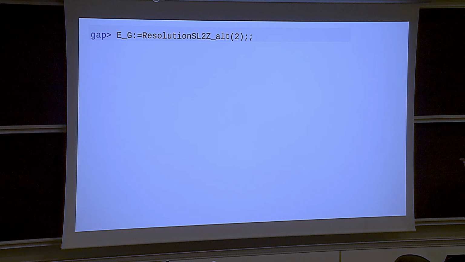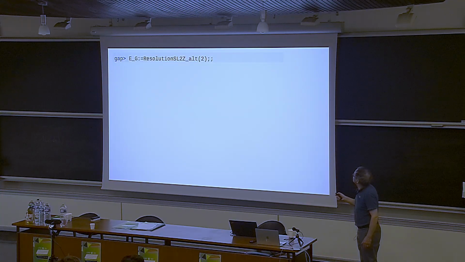So let me cheat now. Let me do this pre-recorded. So let's do a calculation. Let's construct for this group SL2(Z) a free resolution. There are various ways to construct free resolutions for SL2(Z), and I'm just using this particular function to do it.